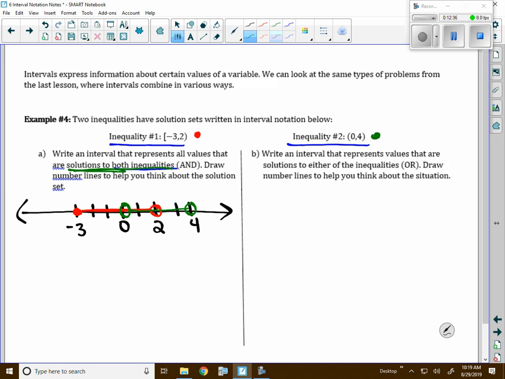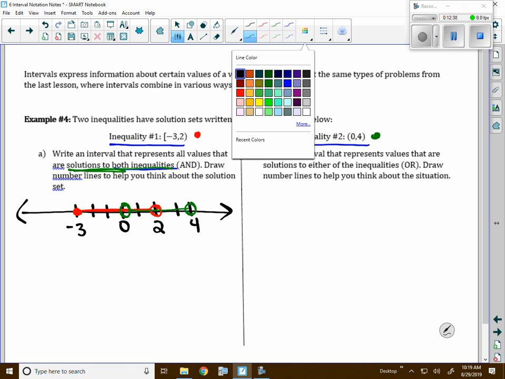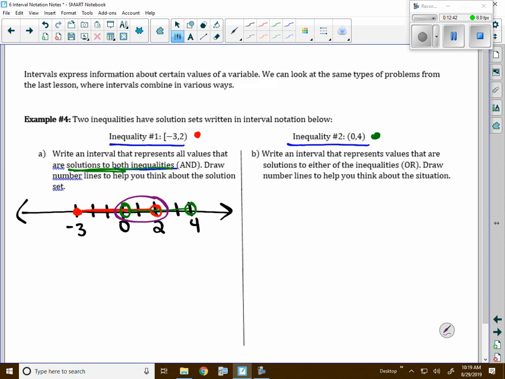So we want an overlapping region, and our overlapping region happens to be right here, from 0 to 2. But what I want you to notice is that 0 and 2 are not included for both the red and the green. So when we write this answer, we have to use parentheses because those are open circles.